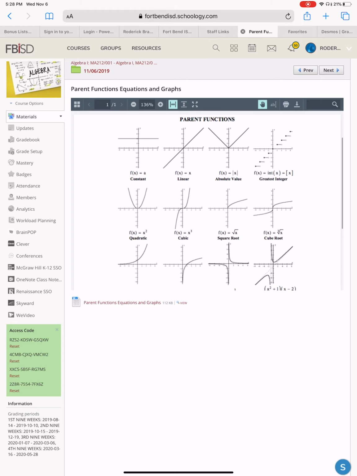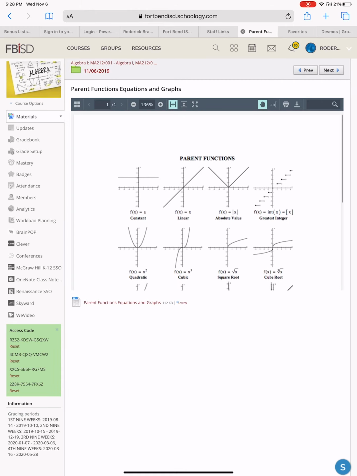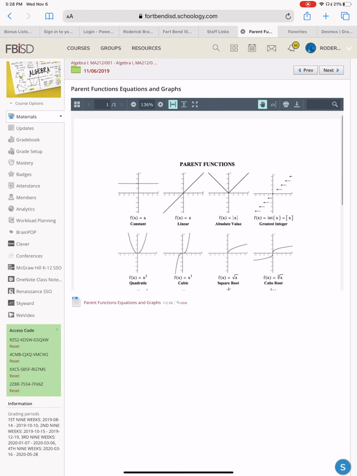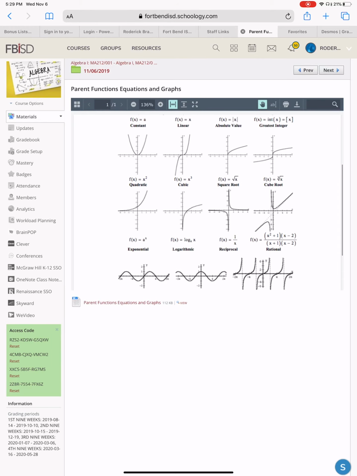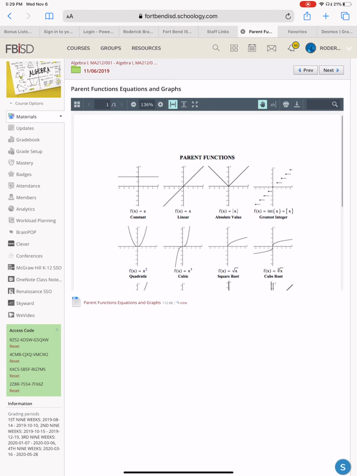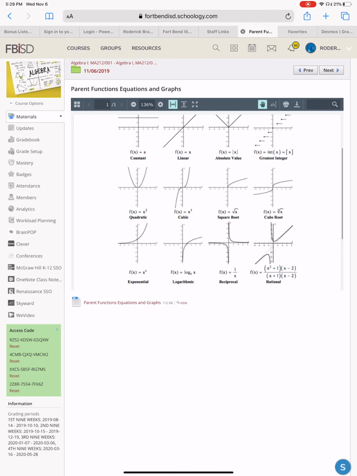If you click on that and it opens up, it has a picture of each parent function. Some of these we're not using, but it has the equation as well. And so you see the quadratic parent function, the one that looks like the U-shaped graph, the parabola.